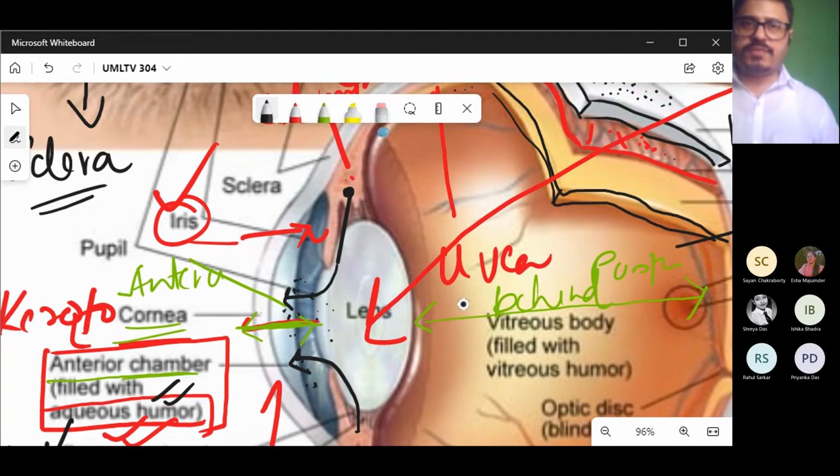Since this is a fluid, being a fluid, it would have a pressure also. Every fluid does exert a pressure, right? Blood also exerts a pressure, known as blood pressure. Similarly, aqueous humor would also exert a pressure inside the eyeball. Am I correct? Yes, sir.